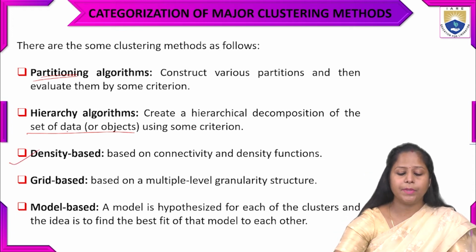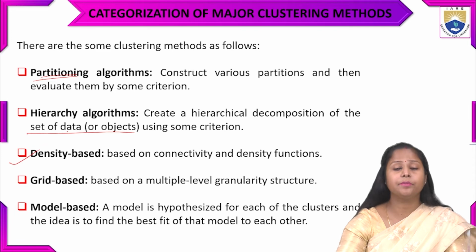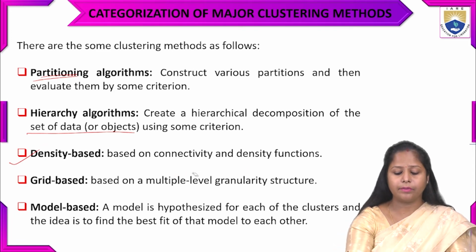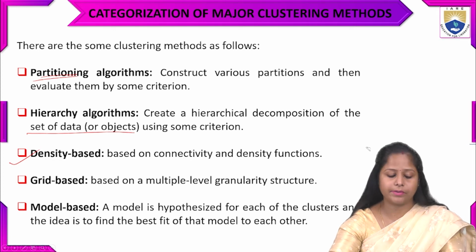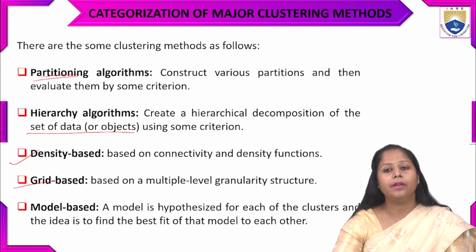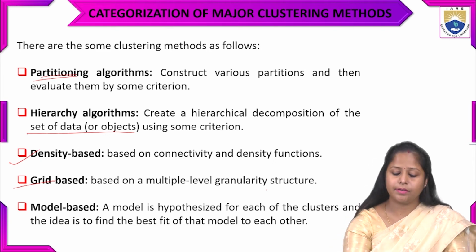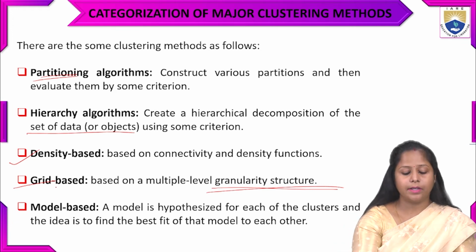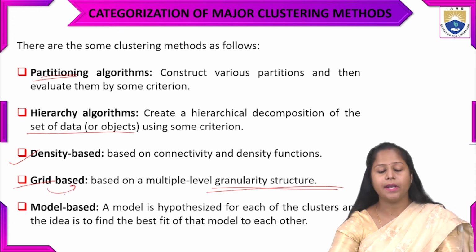The density based method is based on connectivity and density functions, so that will work on the density functions. The grid based algorithm is based on a multiple level granularity structure. If we have the granularity structure, then we use the grid based methods, right?